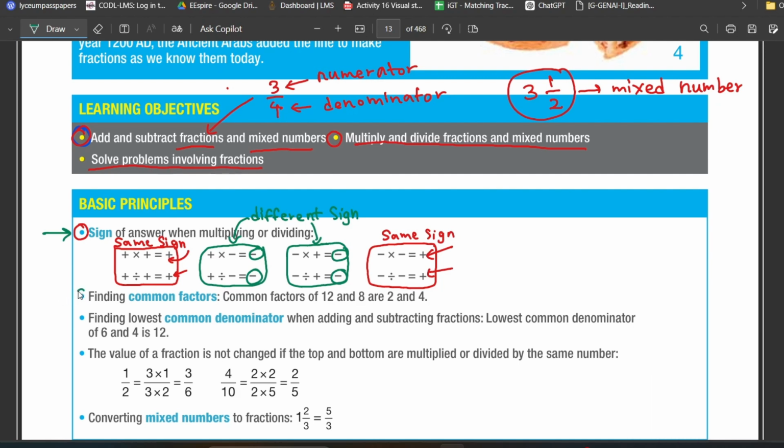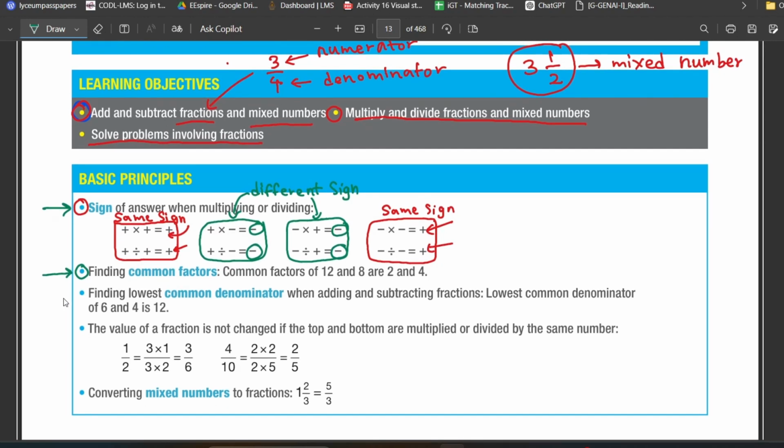Then the second point we have to remember is finding common factors. You know that when we are simplifying, we find common factors. Even in grade 8, you have learned this. The third point is to find the lowest common denominator. You know LCM, I think you remember this. And the fourth point to remember: the value of a fraction is not changed if the top and bottom are multiplied or divided by the same number.